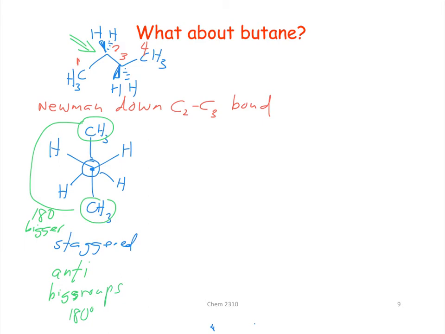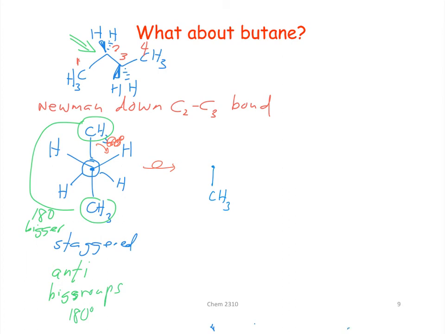Okay, so now what I'm going to do is rotate, which should we do, the front one or the back one? I'm going to rotate the back group. I'm going to rotate it down like this, by 60 degrees. Okay, we'll do our little curly Q here. And so the front carbon is going to be the same, CH3s.